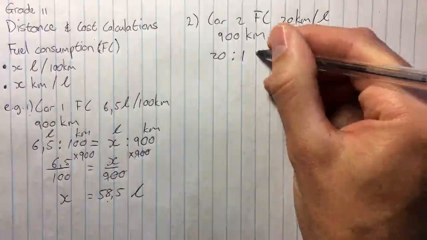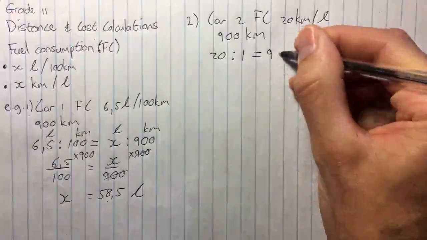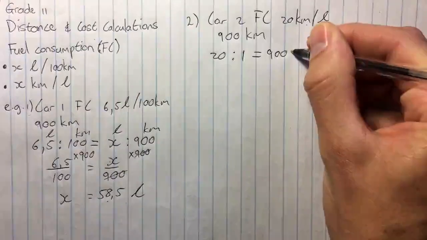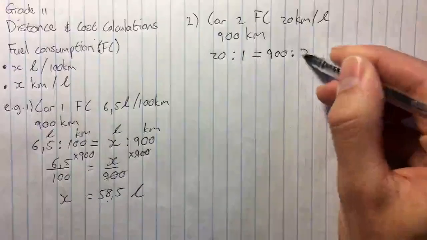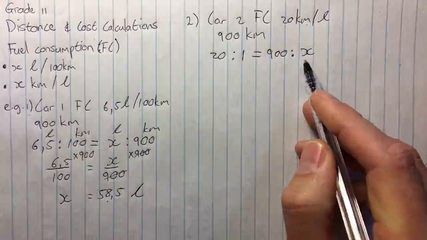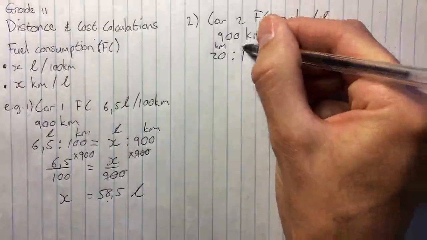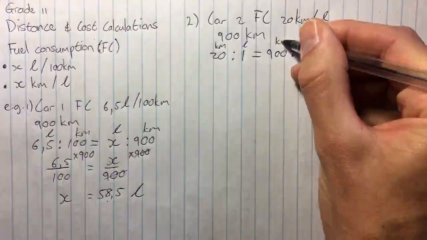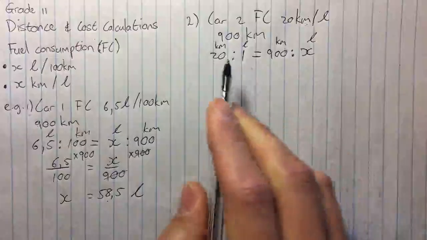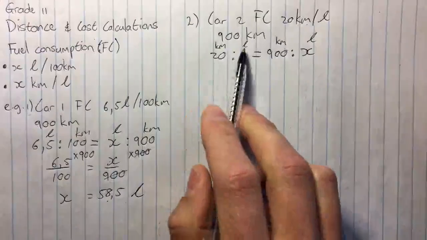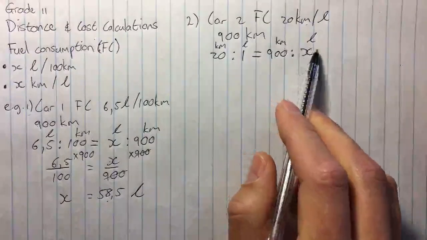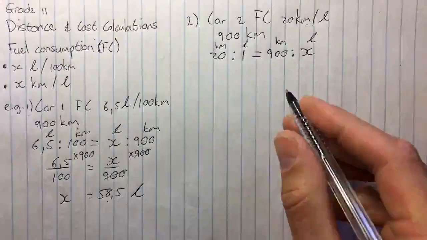So it's 20 to 1 is equal to 900 to a certain amount of liters. Again, you can write kilometers and liters. Kilometers and liters, and this would also be kilometers and liters. It has to be in the same order. Alright, so we're trying to calculate x again.